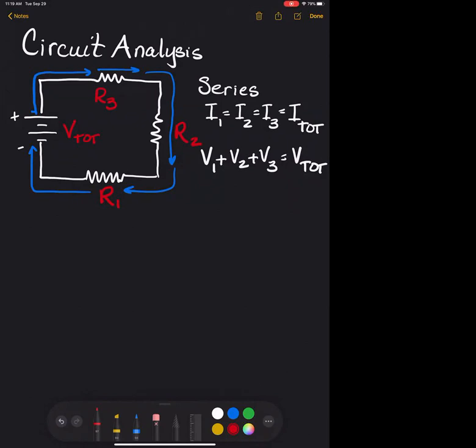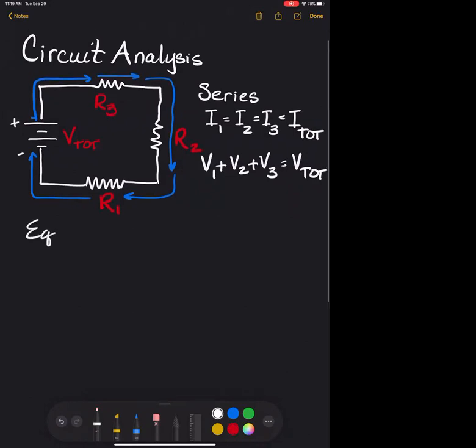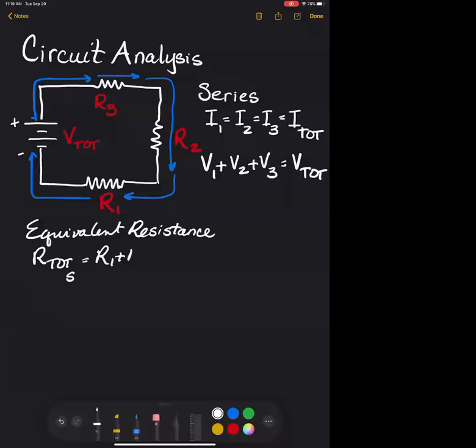So if I want to analyze this circuit, the first thing I need to do is find the equivalent resistance. Because it's a series circuit, R total for series is equal to R1 plus R2 plus R3. Now, let's put some numbers on these just for fun. Let's say R1 is 10. We haven't talked about the units of resistance, but it's ohms.